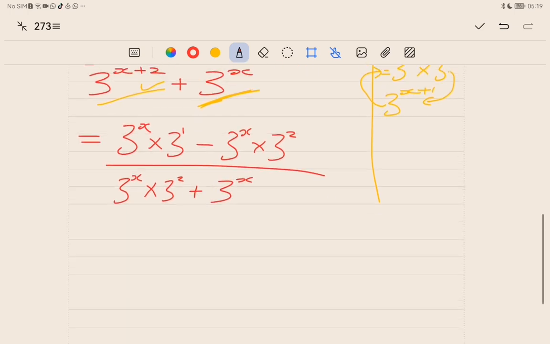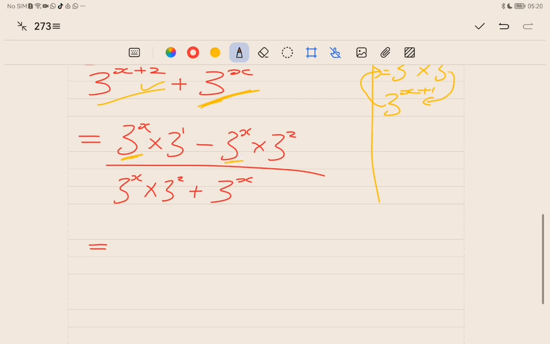So now we can take a common factor from the denominator and also from the numerator. The common factor is 3 to the power x, as it appears in both terms, this one and this one.